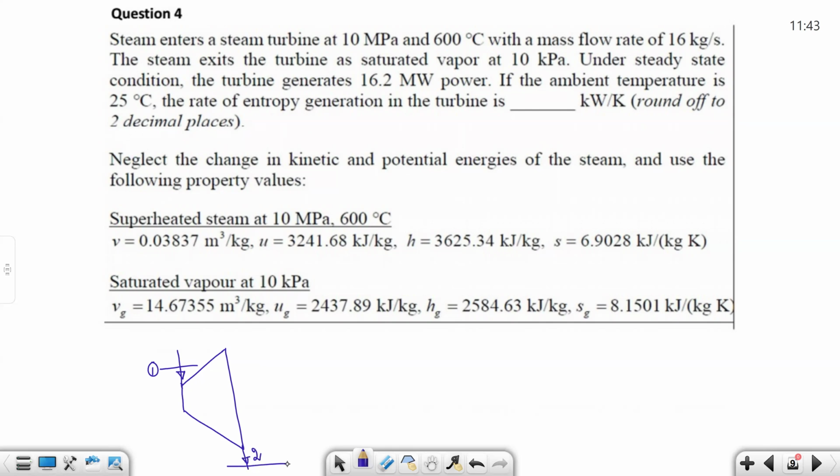Entry point 2, leaving. Steam enters at 10 MPa, 600 degrees centigrade. So P1 is 10 MPa and T1 is 600 degrees centigrade with a mass flow rate. So mass flow rate will be same at inlet and outlet because turbine is a steady flow device.